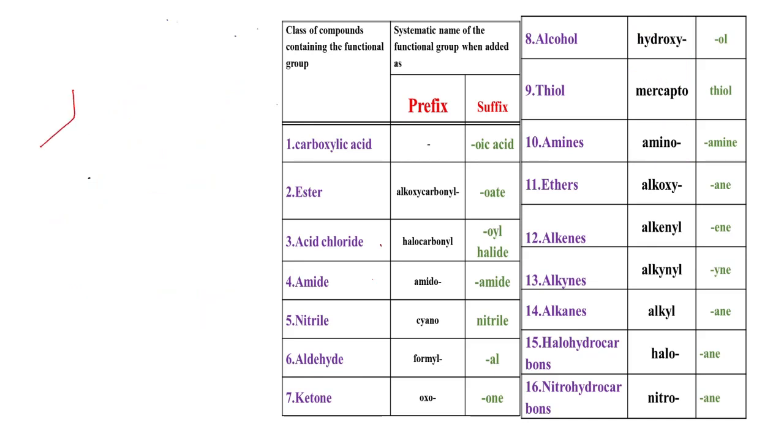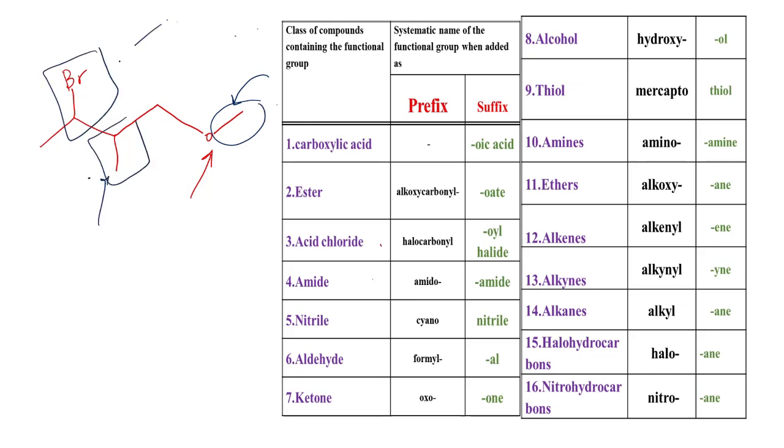Now, let's move on to the next example. The principal functional group here is ether. And in this compound there are three side chains which are methoxy, methyl and bromo.